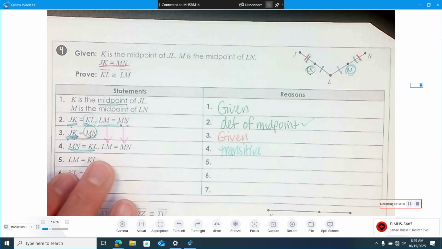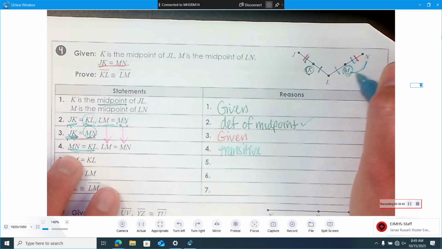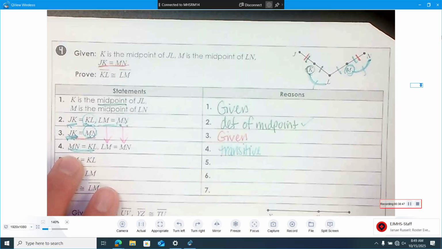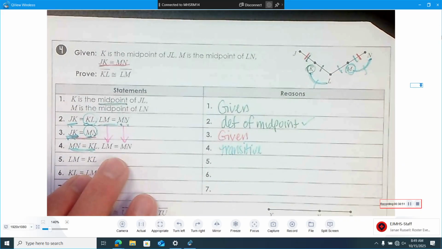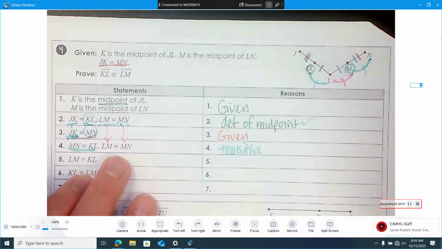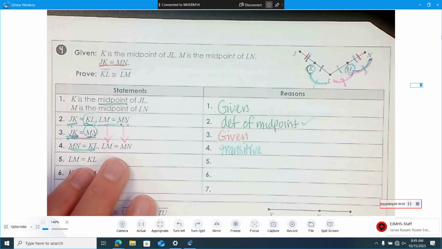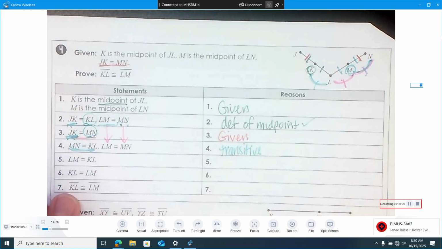I want to mark up my picture here a little bit. MN, that's this segment right there, is equal to KL. So those two things are congruent. And then LM is equal to, oh, MN. Hey, look at that. Interesting. How do we get here?